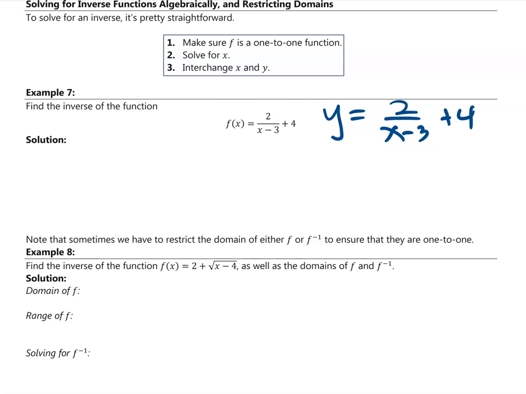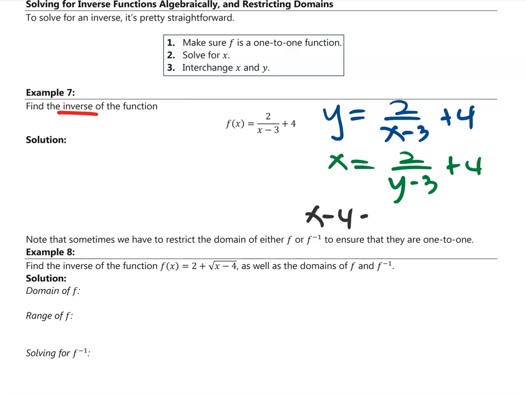As you want to solve for the inverse, next thing to do here, you can switch x and y. So this is now x equals 2 over y minus 3 plus 4, and then solve for y. We need to isolate y. So next is subtract 4.